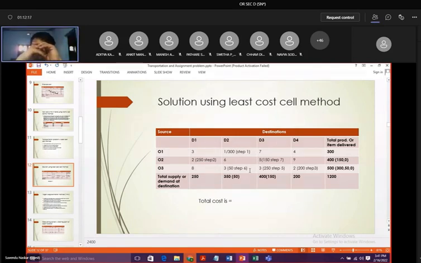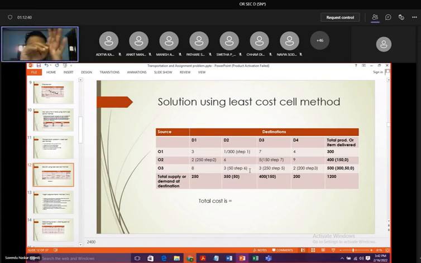Now you know all the penalties for all your destination and source locations. If my objective is to minimize cost, which cell should I choose corresponding to these penalties?